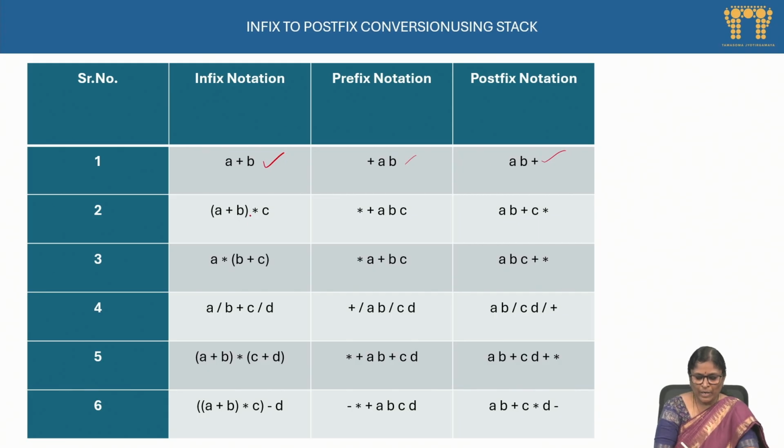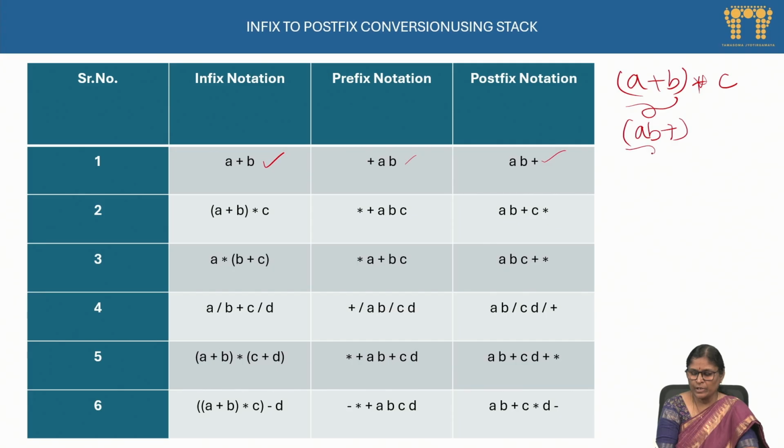Now suppose (A plus B) into C. The parentheses exist only in the case of the infix notation. Manually, suppose you want to convert this expression into postfix. First, whatever is within the parentheses, we convert: A B plus.